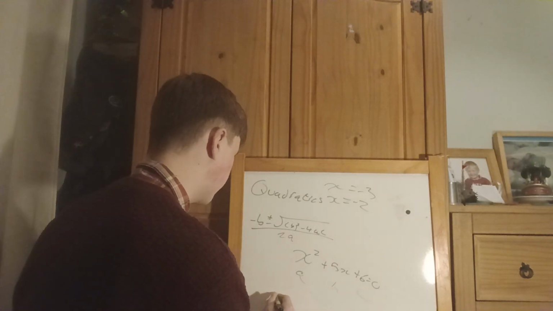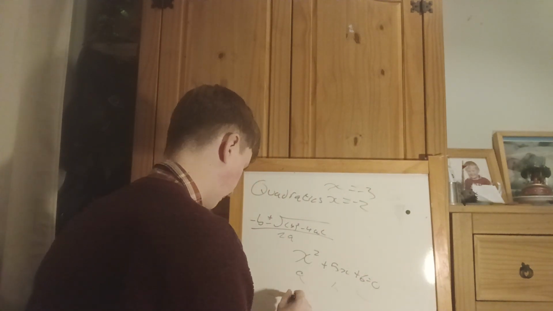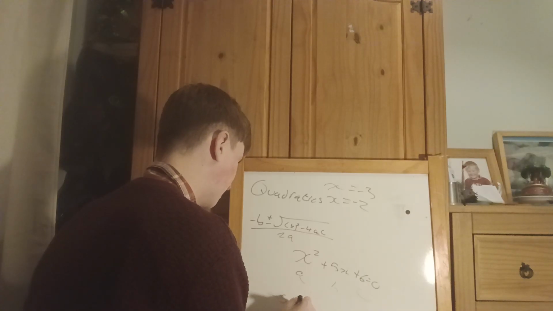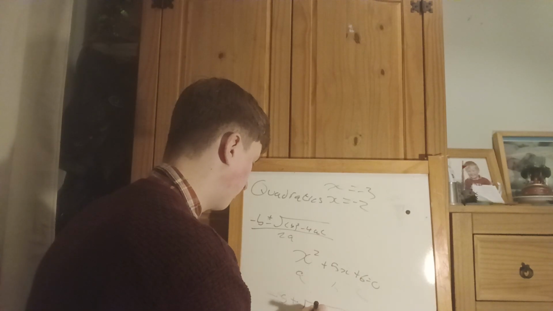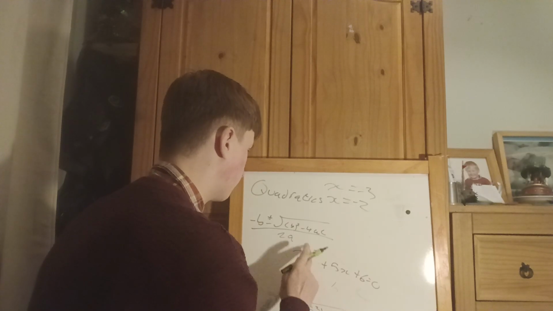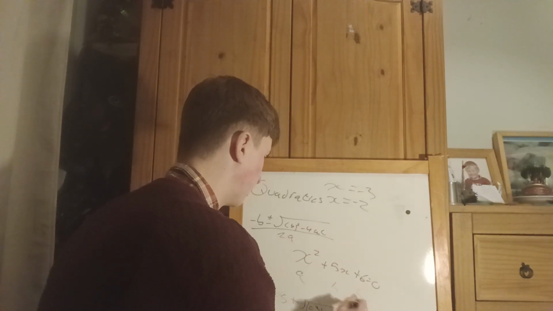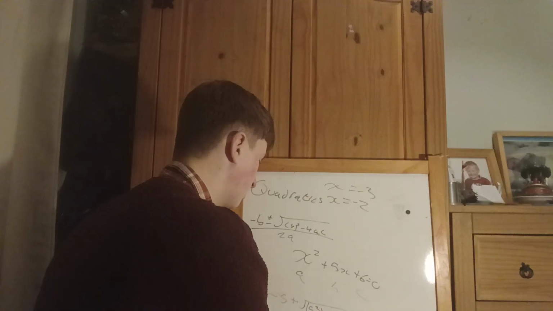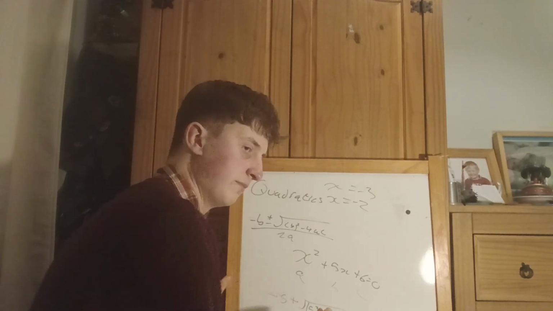So minus 5, plus the square root of b squared, so 5 squared, in a bracket, take away 4 times a, which is 1, times c, which is 6, and then all over 2 times 1.